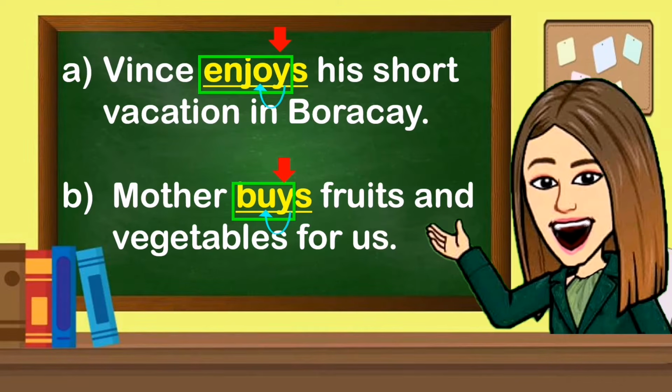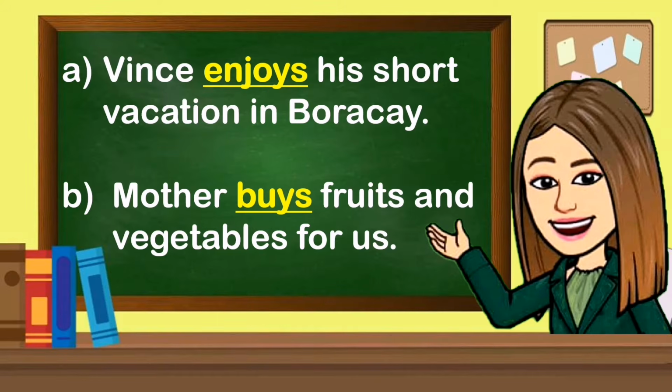That verb form their simple present tense by adding s sa dulo ng salitang enjoy at buy to form the simple present tense. Kaya nagiging enjoys and buys kapag ang subject ay isa lamang.